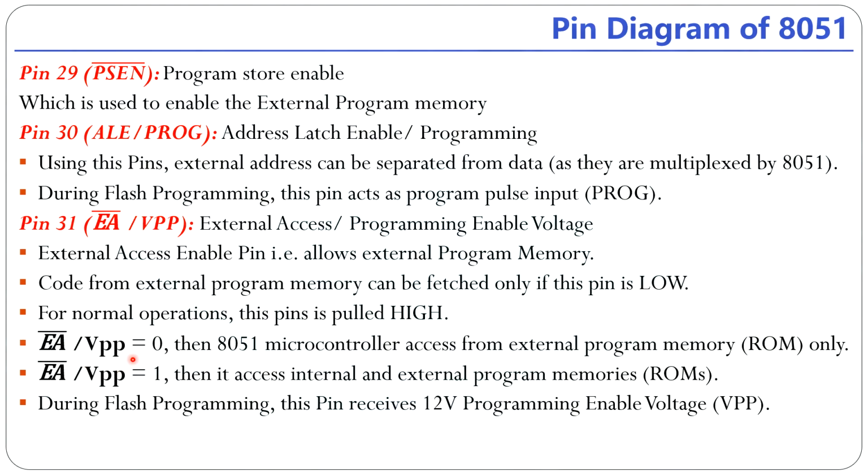EA equal to 0, then the 8051 microcontroller accesses from external program memory, ROM only, right? EA pin equal to 1, then it accesses internal and external program memories. During flash programming, this pin receives 12 volt programming enable voltage.